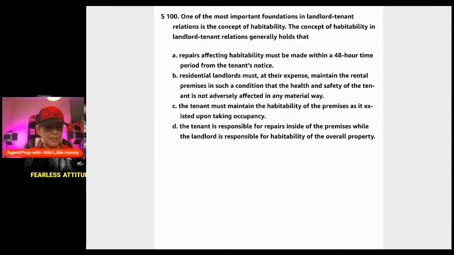So that is a responsibility of the landlord. If you decide to become an investor and you have apartments, it must be habitable. Everything must be working, and especially no mold, because that creates a lot of health issues, respiratory issues.